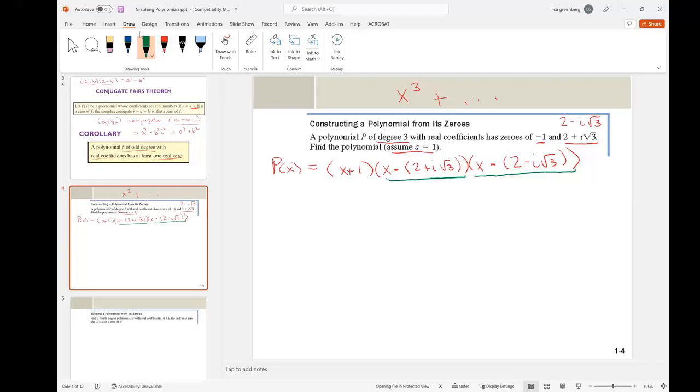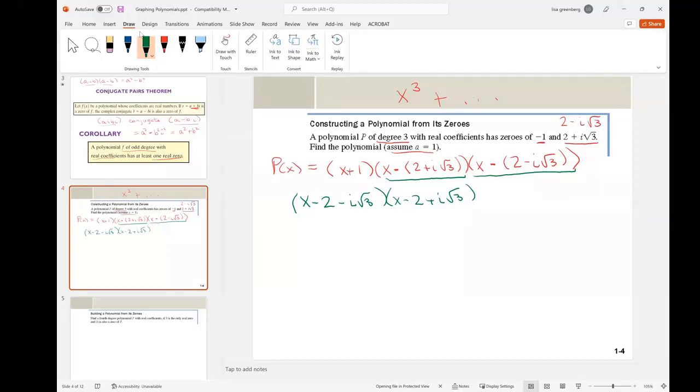So first thing I'm going to do is rewrite them and distribute the negative sign. So I have this times x minus 2 plus I times the square root of 3. All I did is take those 2 terms and distribute the negative.